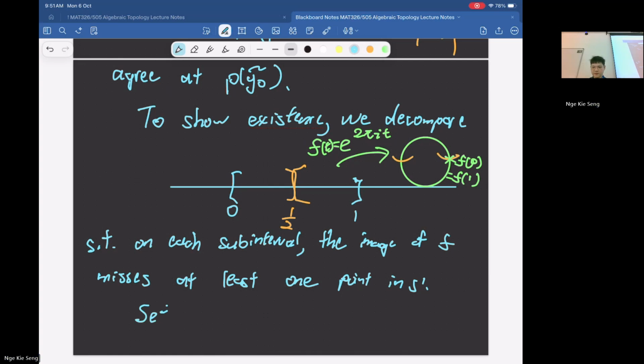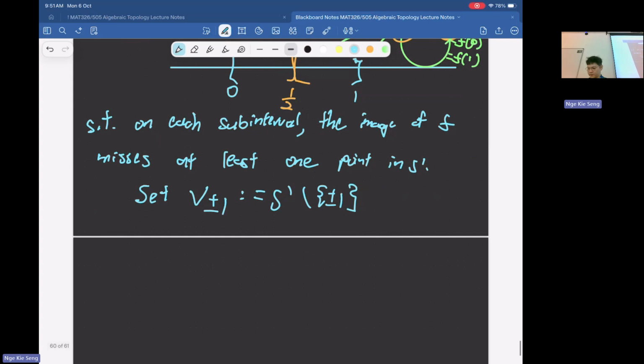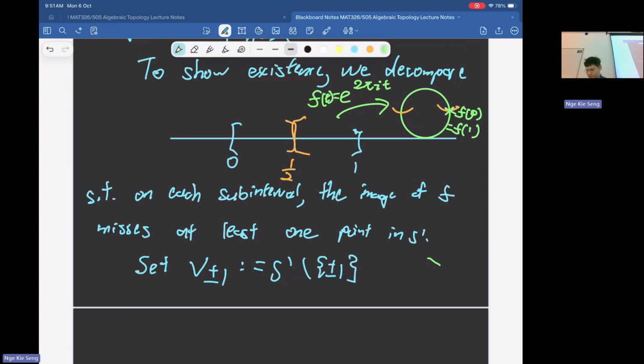Now let's set a very special open interval here, V plus minus 1, which is x1 throw away plus minus 1. I hope this parameterization won't confuse you. Until now we are living in C, so it's the complex plane. So 1 is here.